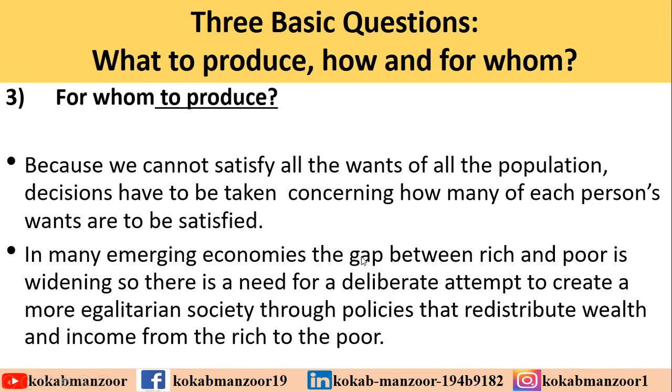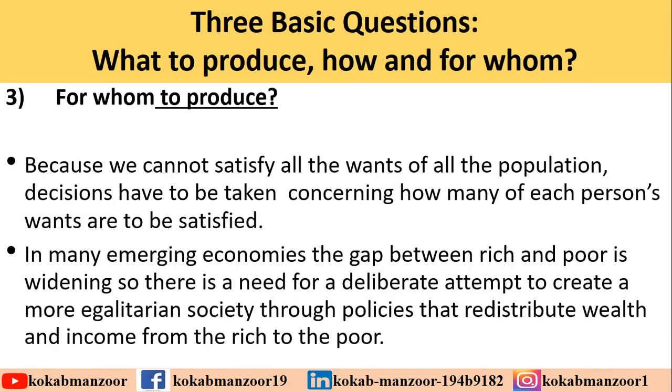What does it mean? It means that, like you see, on one hand we have a rich class, an elite class, where they have, we can say, pets. For them we are importing the goods, right? On the other hand, we have poor people who may not be able to fulfill their basic needs, right?